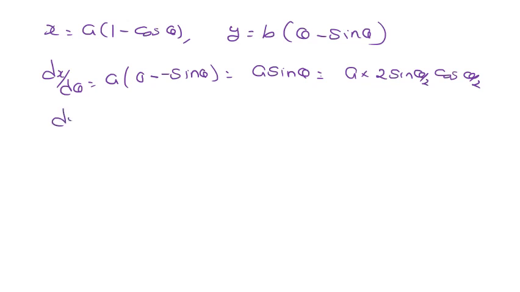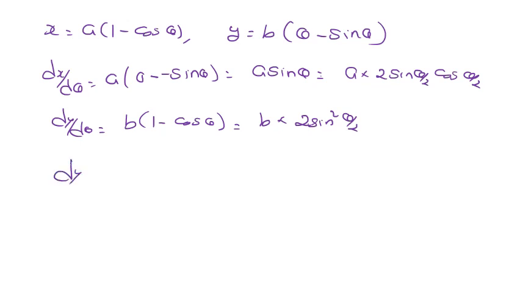Now what is dy by d theta? b into theta derivative is 1, sin theta derivative is cos theta. 1 minus cos theta is 2 sin squared theta by 2. Now dy by dx is equal to dy by d theta by dx by d theta.